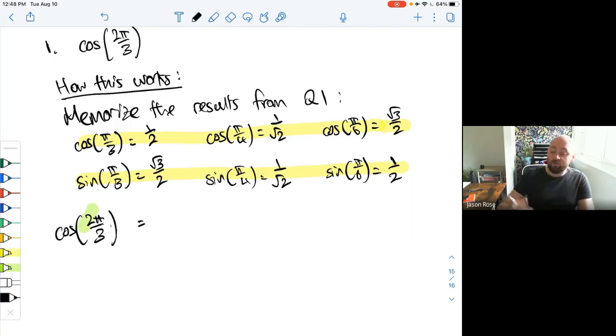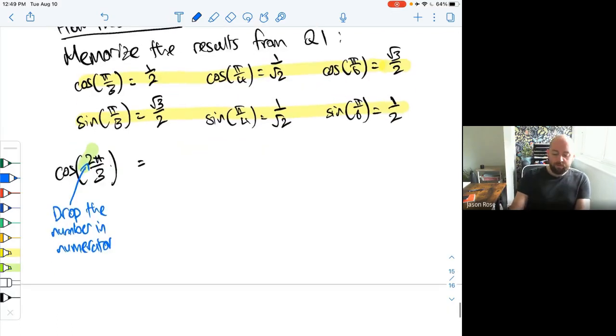So like now we're doing 2 pi over 3, and you have to figure out your way back to one of those key angles. Okay, so the trick here is to drop this number, drop the number in the numerator, and I should say that is not pi, the number that's not pi.